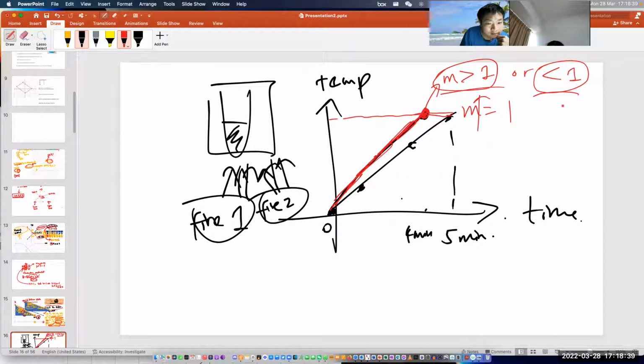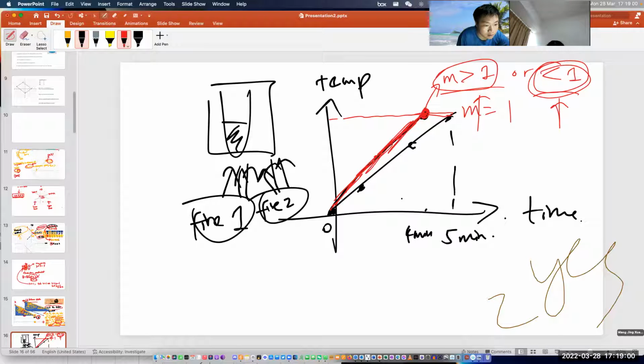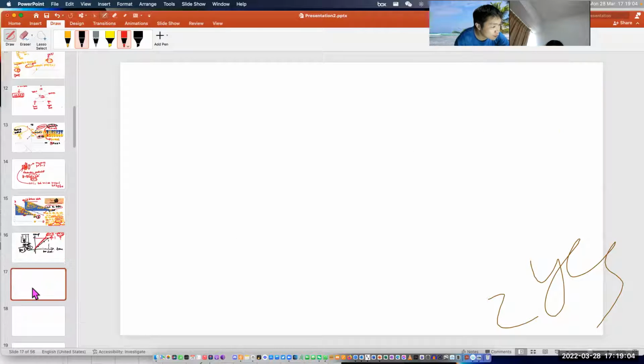Can you pick one of them? You mean less than 1? So you are telling me the gradient is less than 1. Okay, good.